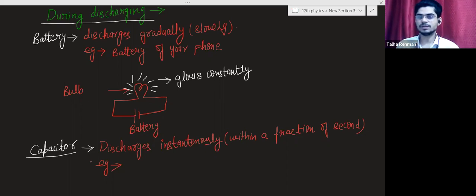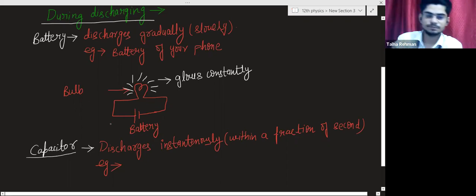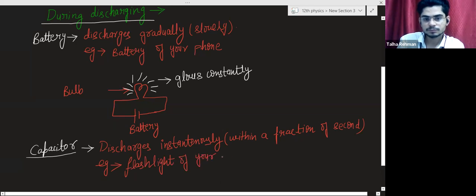After that, all the energy is finished and the glow disappears.